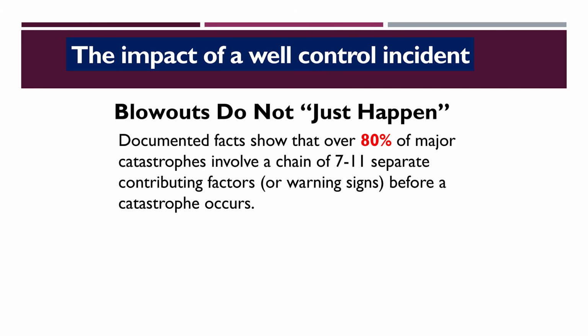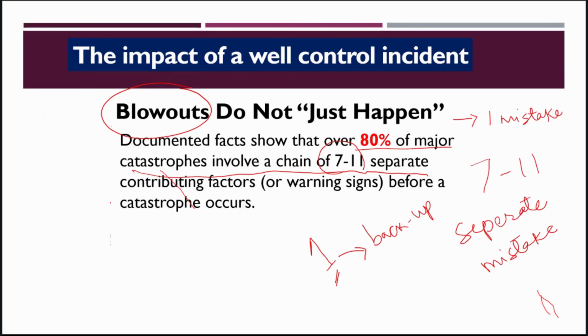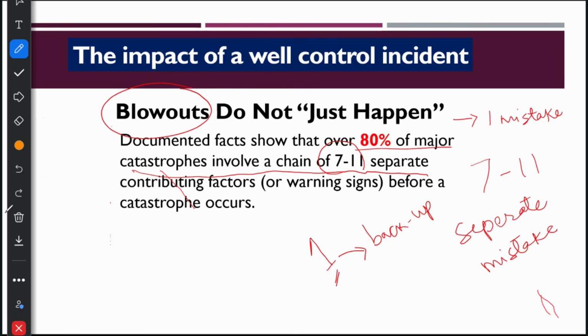So just by one or two mistakes, a blowout will not happen. If you ignore the safety procedure given by your company and go on ignoring, then after 7 to 11 mistakes, a catastrophe will occur. It is not the mistake of only one or two persons or one or two things.